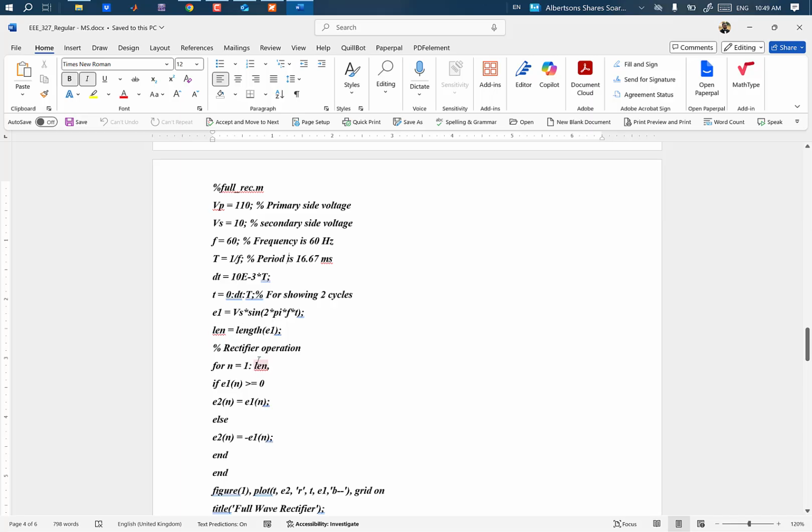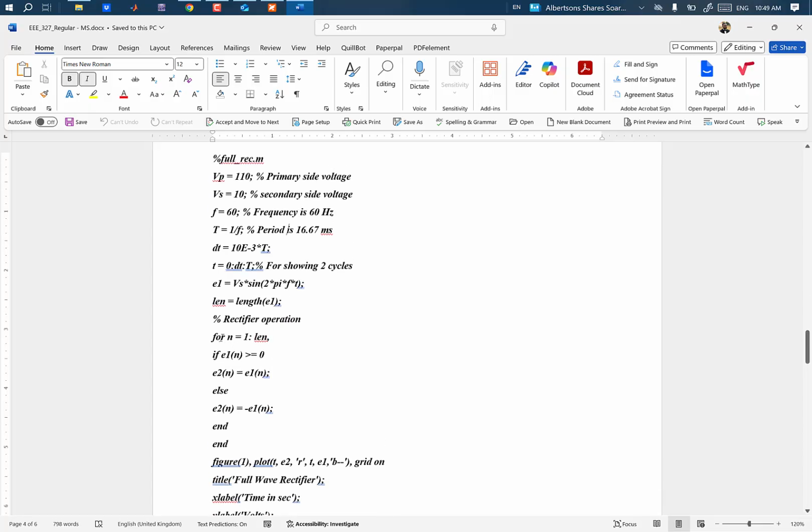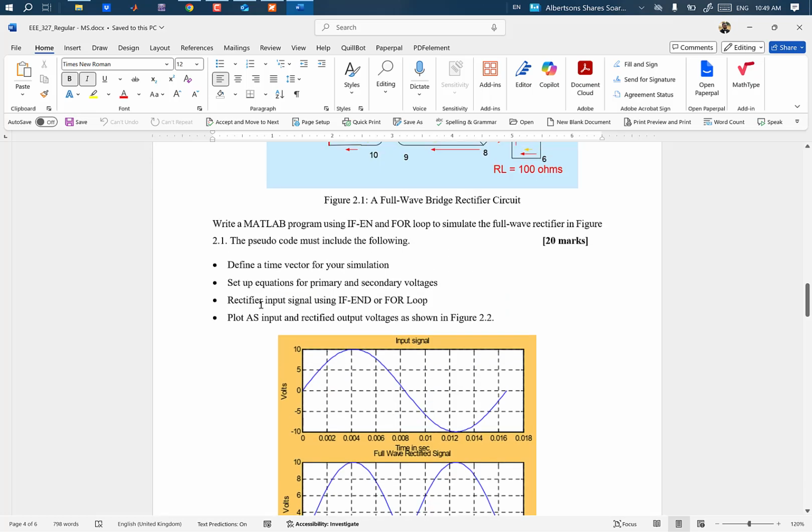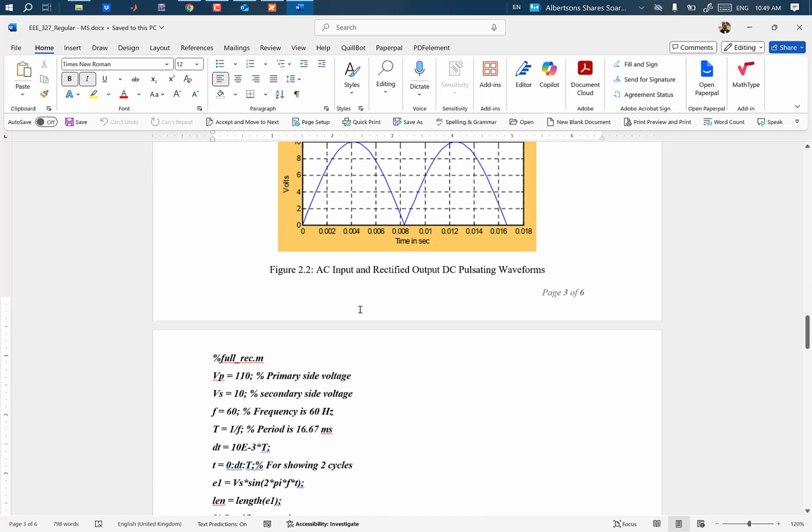Then we do the rectification. So you see the equation. So for, we are asked to use the for loop. And we are also asked to use the if end.